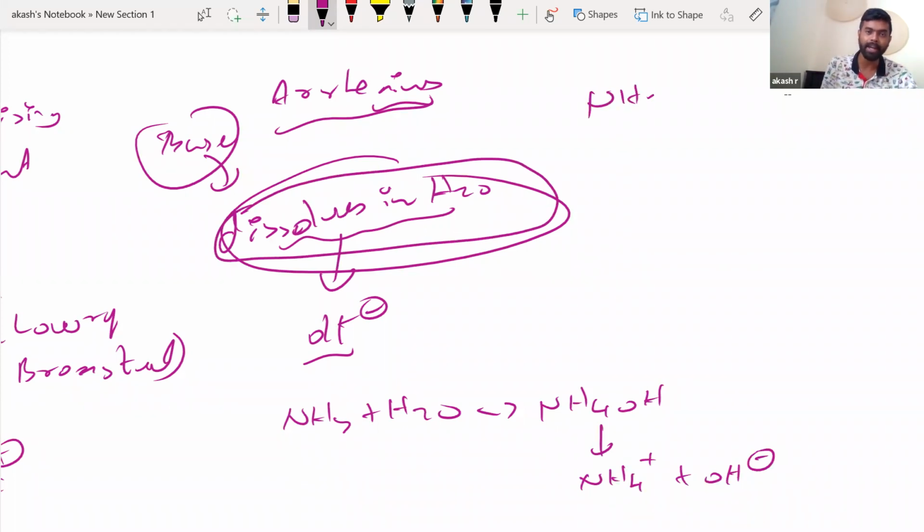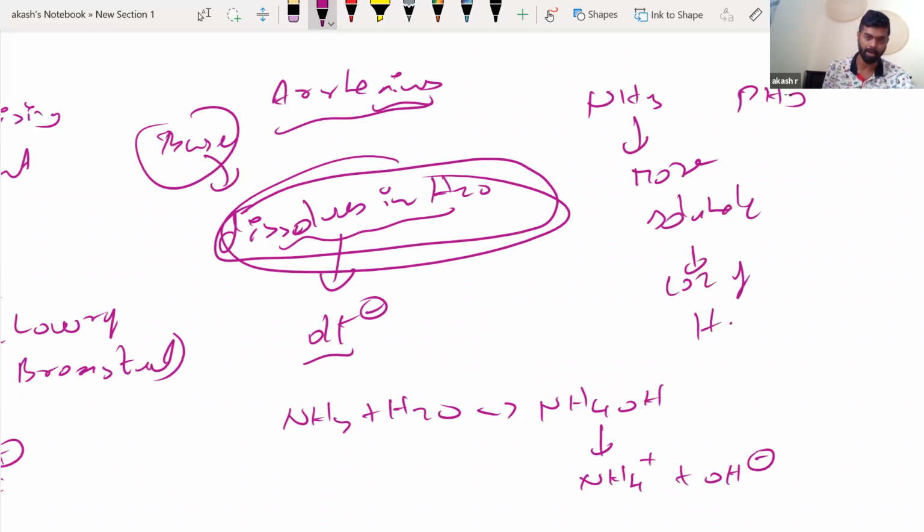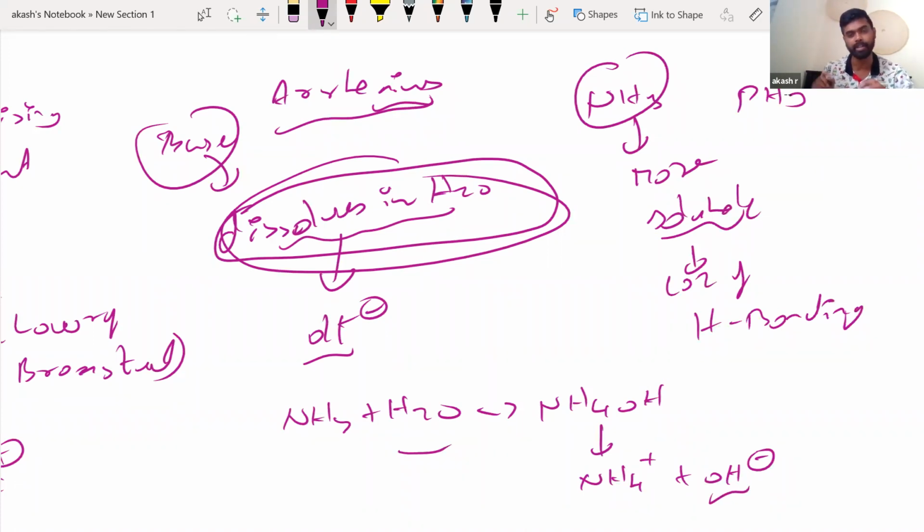If I compare NH3 and PH3, NH3 is more soluble in water than PH3 because of hydrogen bonding. Since ammonia is more soluble in water, it can easily dissolve to give me OH minus, so it can be a better base. PH3 will not even be that soluble in water.